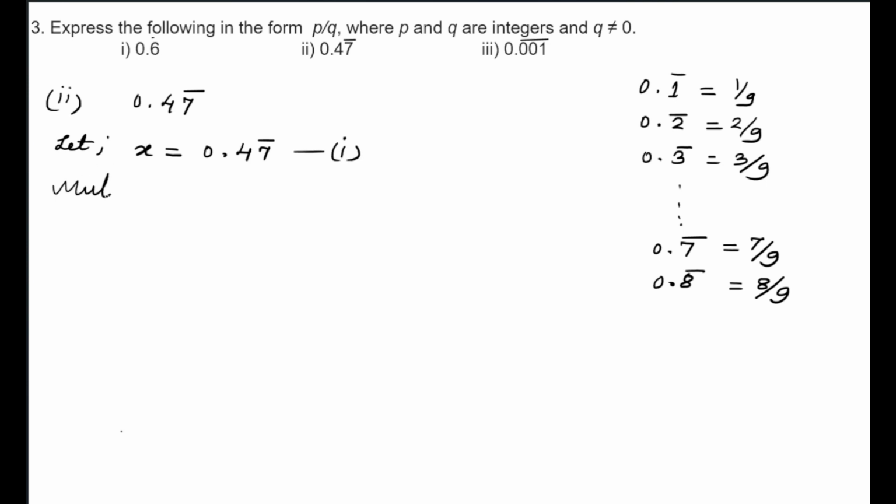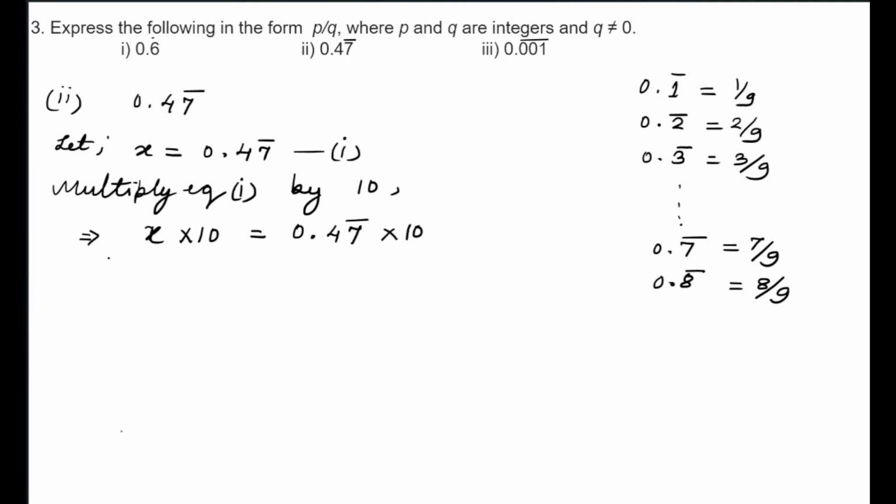Now let us multiply this equation number 1 by 10. So on multiplying equation number 1 by 10, we get that x will get multiplied with 10 and 0.47 bar will get multiplied with 10.